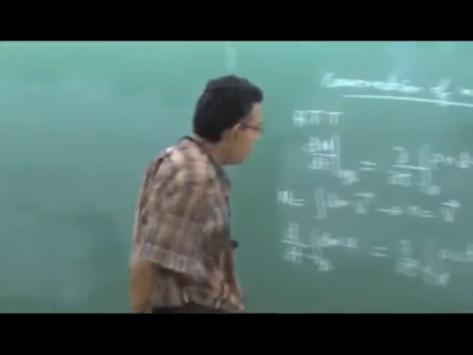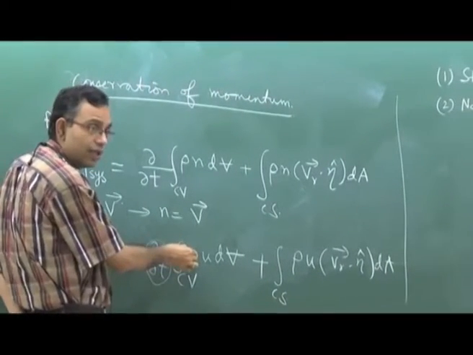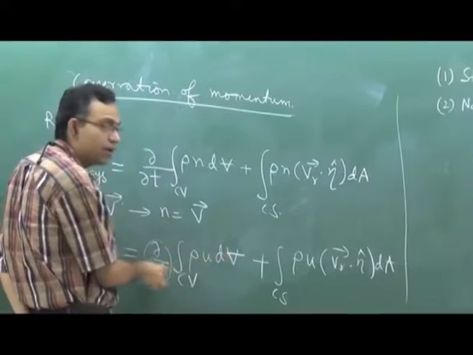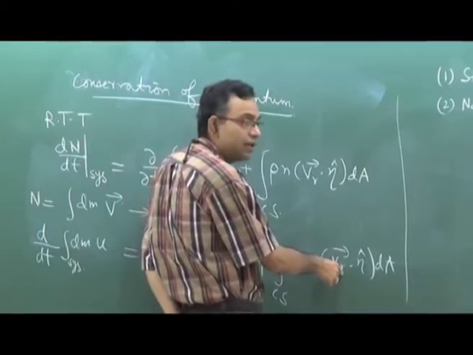Non-deformable control volume means we can take this derivative within the integral, because volume is not a function of time, and stationary control volume means V relative and V are the same.